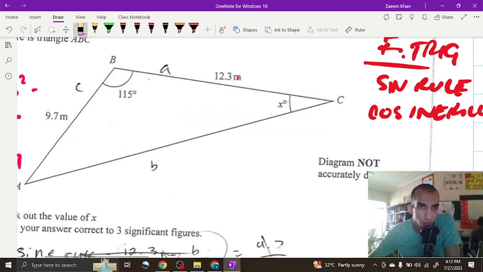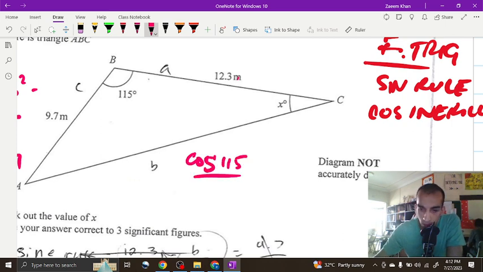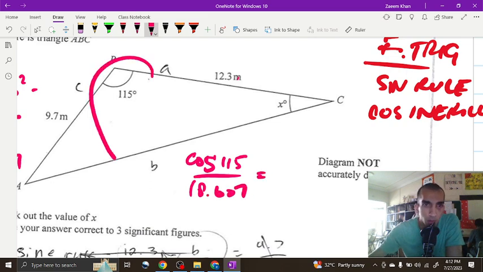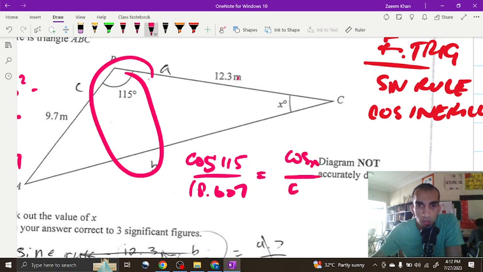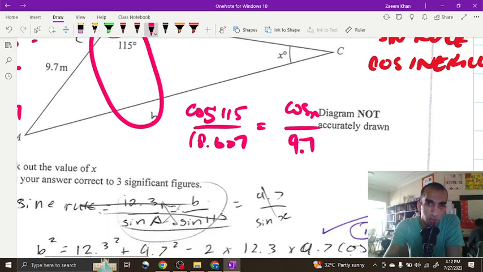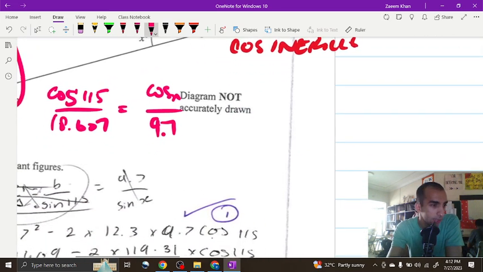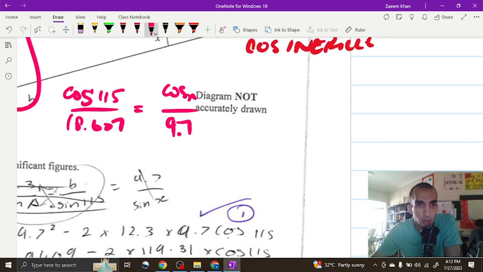So we are going to say sine of 115 over b, which came out to be 18.607, and we just wrote this down. And now we're going to say sine of x is equal to 9.7. Fraction equals a fraction. Just 2 more steps to go, then we're ending this lesson because time's run out.